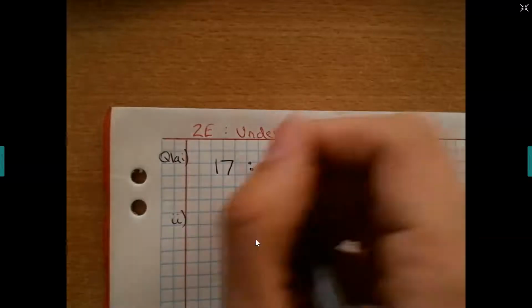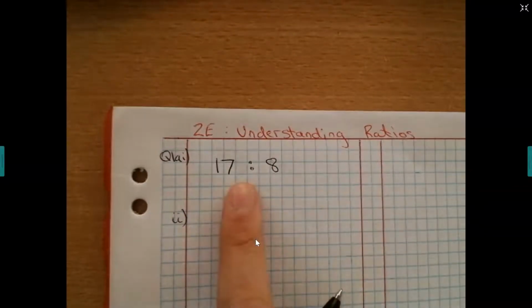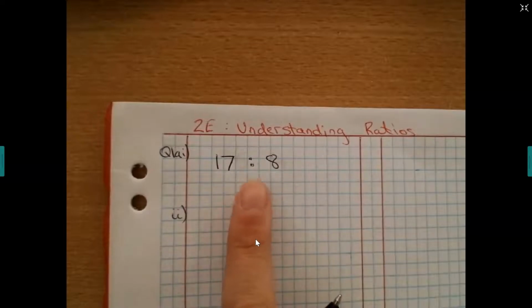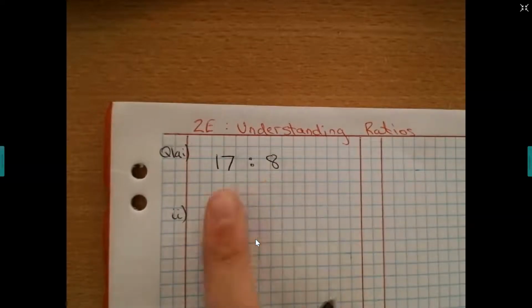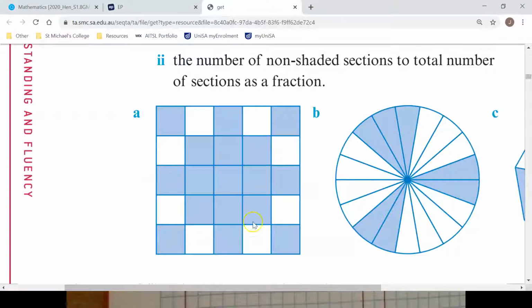So an 8 would go on that side of the ratio. Similar to fractions, if we could simplify this, we'd be looking for a common factor to divide both sides by. Is there any common factor that I can divide each side of that ratio by? No, therefore 17 to 8 will be as simple as the ratio can be.